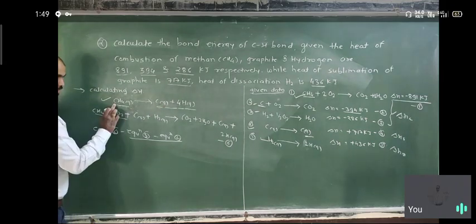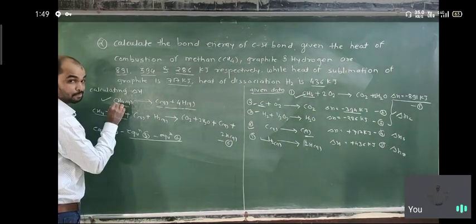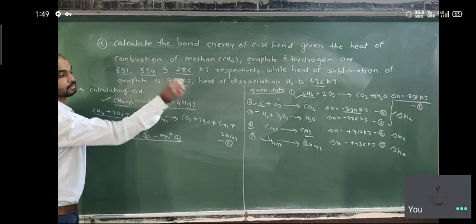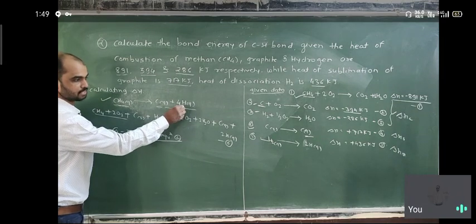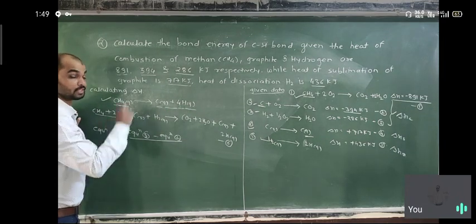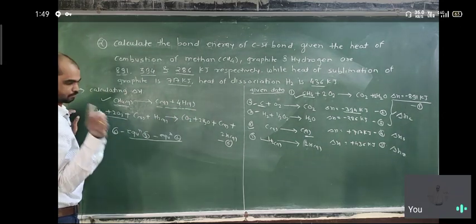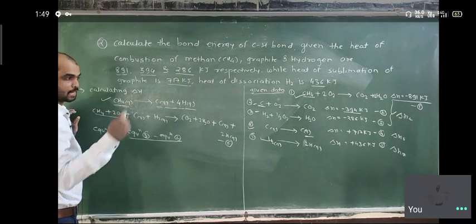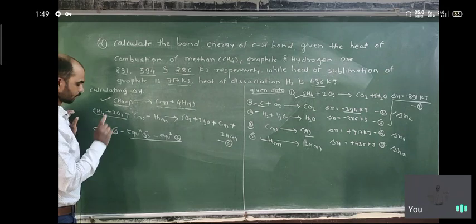For this reaction we use three equations: CH4 comes from the first equation, gaseous carbon on the product side is in the fourth equation, and monoatomic gaseous hydrogen is in the fifth equation. Operating these three equations gives the new equation, the sixth equation. Equation number 2 and equation number 3 are not useful, so we cancel them out from equation number 6.